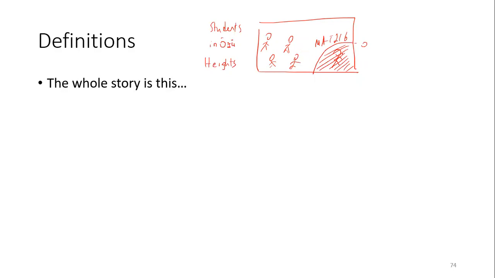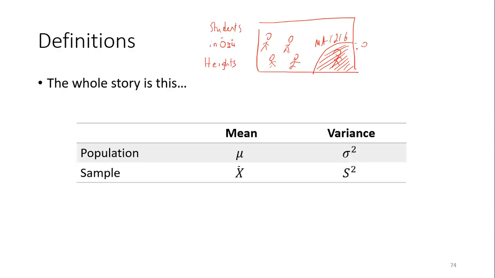So I'm choosing a sample, and the thing is that the population has a mean which is denoted by mu. So that's the average height of the Özyeğin students, and the variance sigma squared. That's the variance of, again, the height of the students in Özyeğin University.